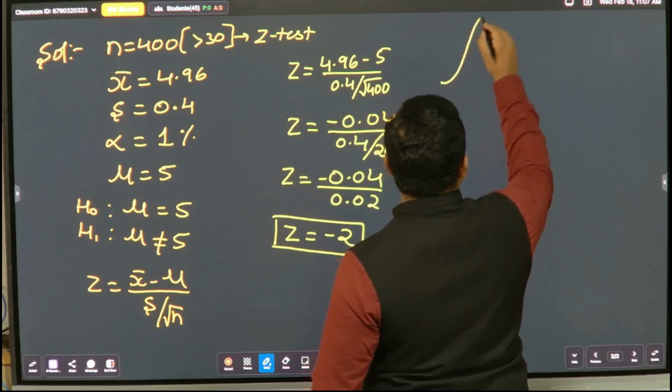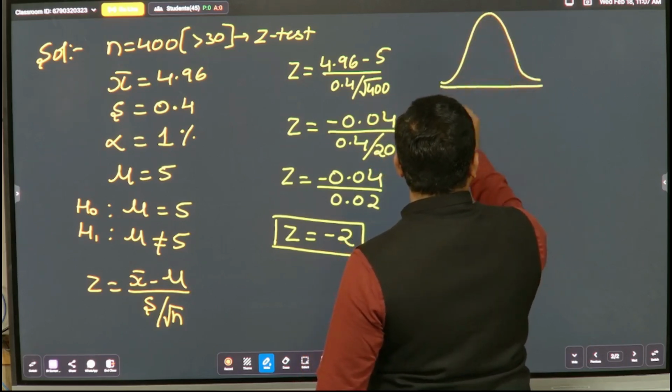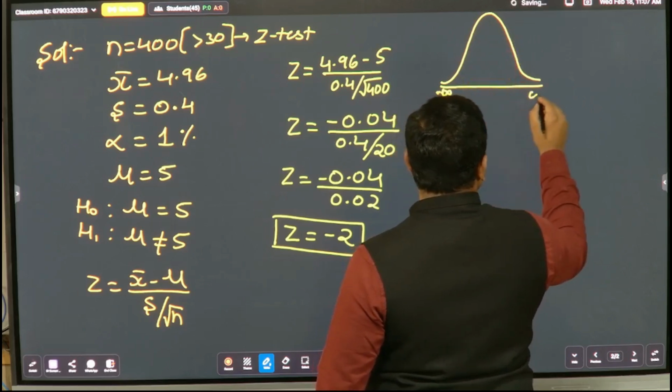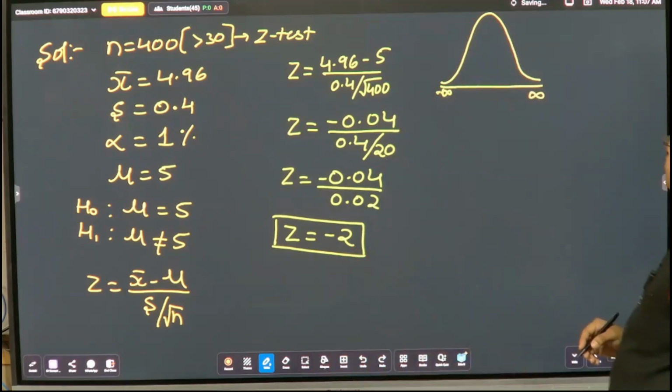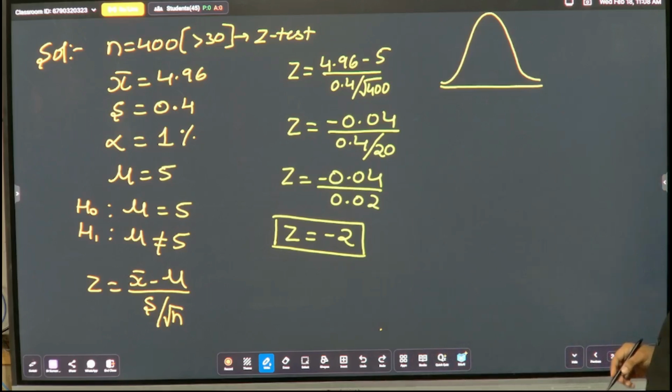Graph, normal curve. Or instead of that, we share. Now tell me, we need to look at the Z table.